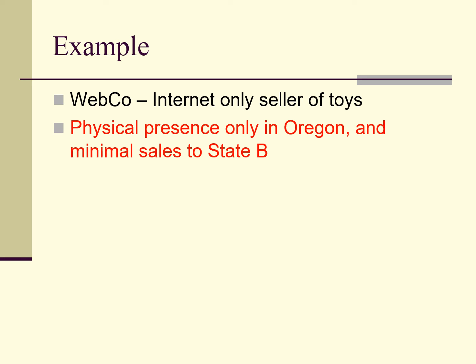All of the company's offices, personnel, inventory, web server, and other equipment is located in Oregon, a state that does not impose a sales or use tax. That is, the company has physical presence only in Oregon. In addition, Webco has minimal sales in State B, the state where we will be considering its requirement to collect tax.